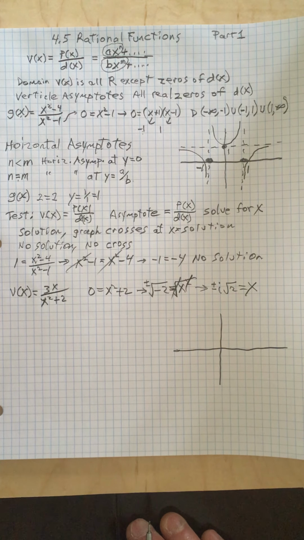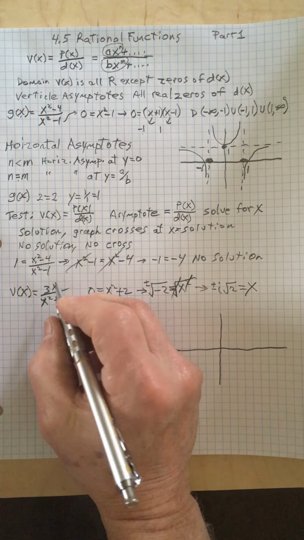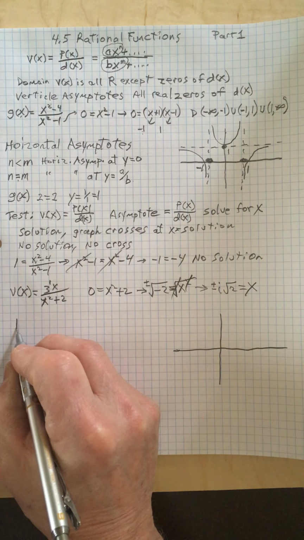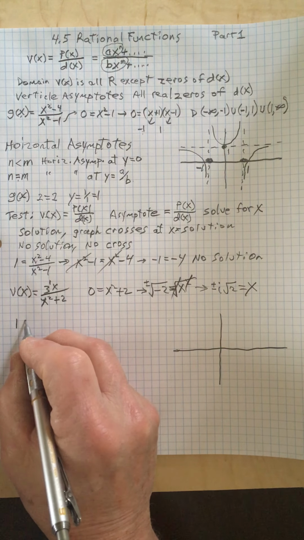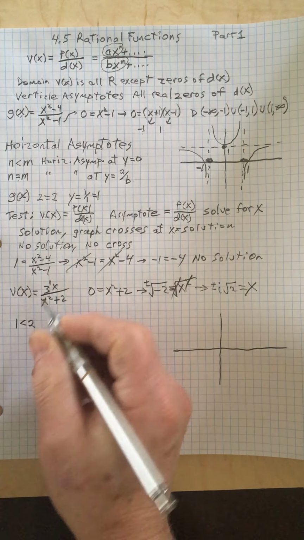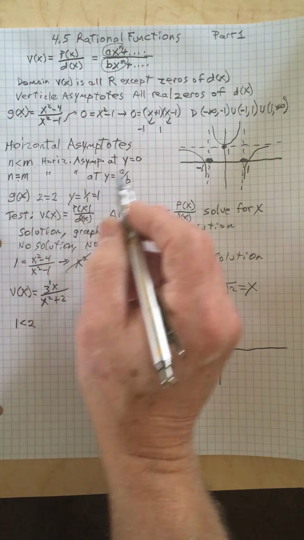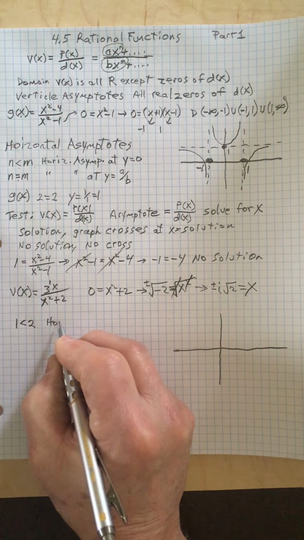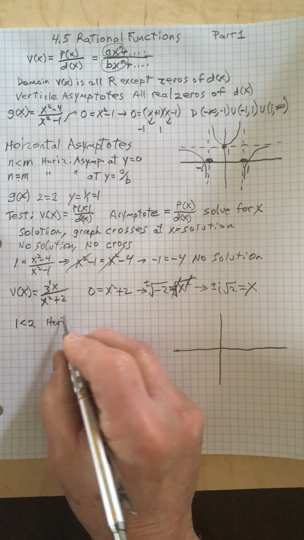What about a horizontal asymptote? Well, here n is 1, m is 2, so m is greater than n, so we have a horizontal asymptote at y equals 0 or the x-axis.